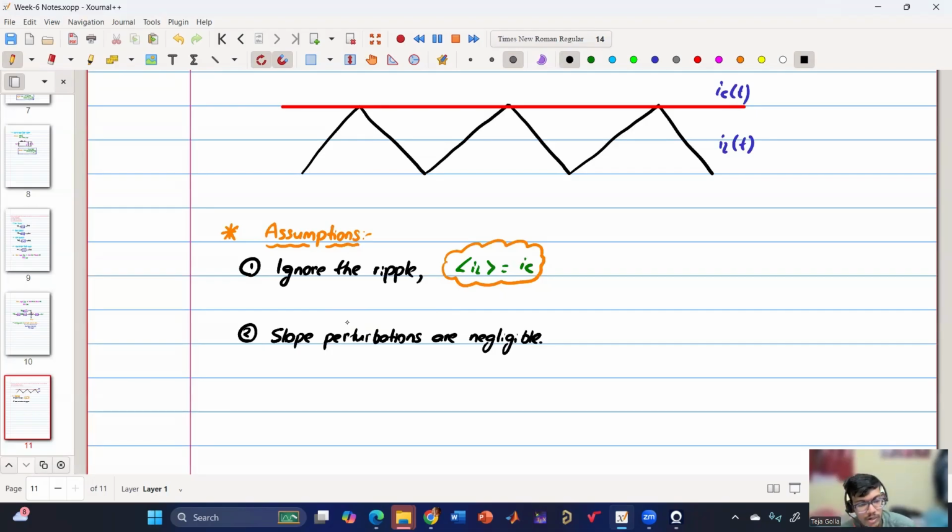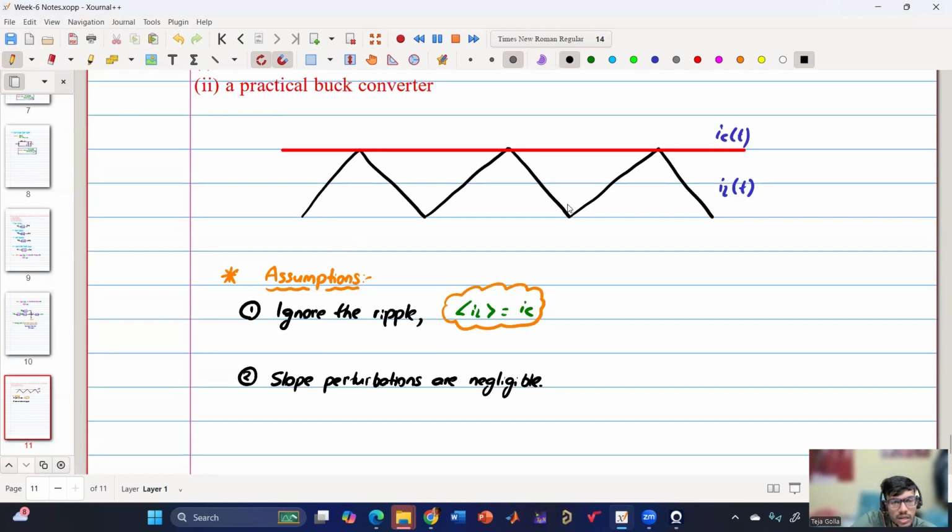Any doubts till this point? Sir, how is the IL average becoming IC? I see, because if the ripple is not there, it is constant. So the peak current is like this, and the ripple is ignored, right?